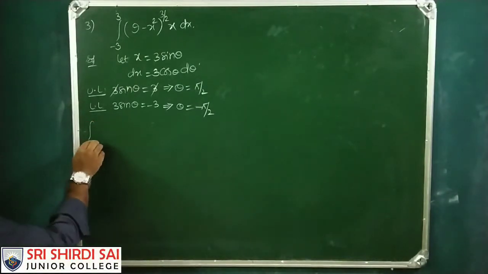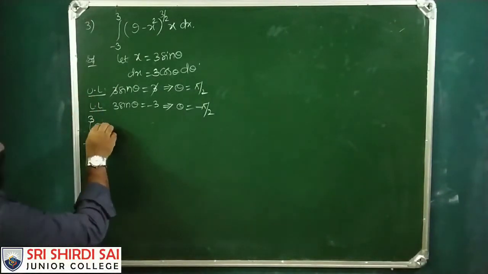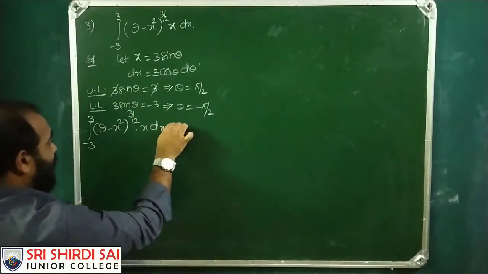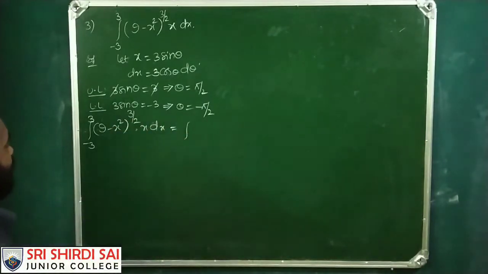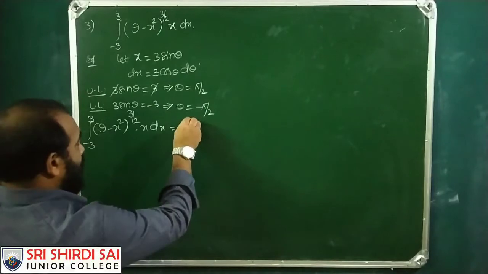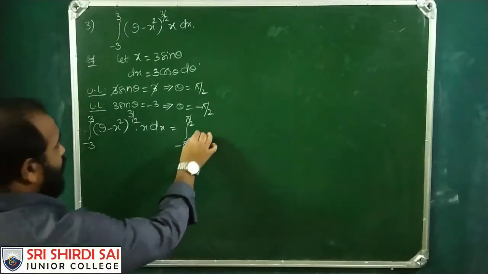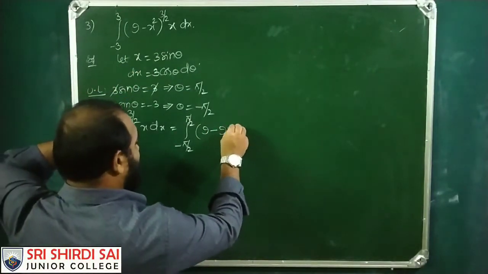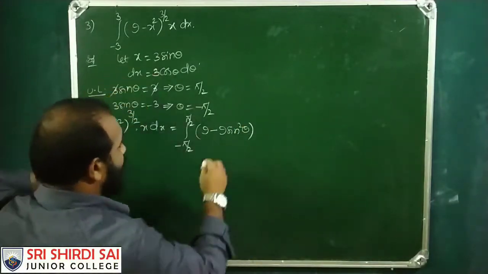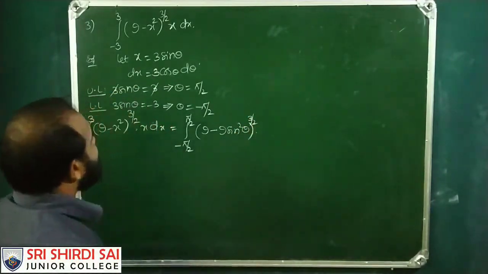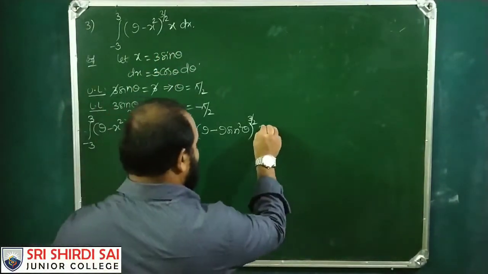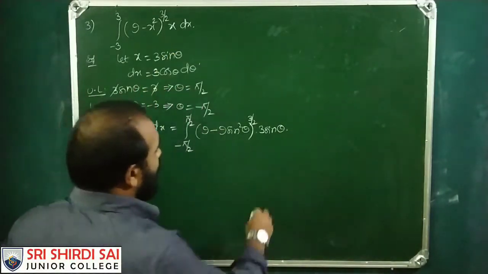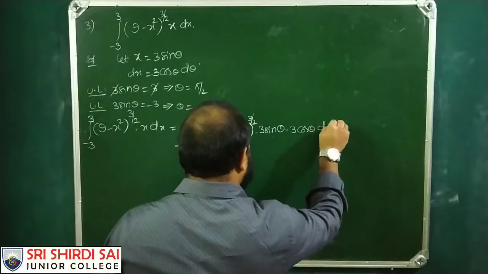So given function is minus 3 to 3 of (9 minus x square) whole power 3 by 2 into x dx, which has been changed as minus pi by 2 to pi by 2. 9 minus x square, so (3 sin theta) whole square, so (9 sin square theta) whole power 3 by 2 into x dx. x value is 3 sin theta into dx value is 3 cos theta d theta.